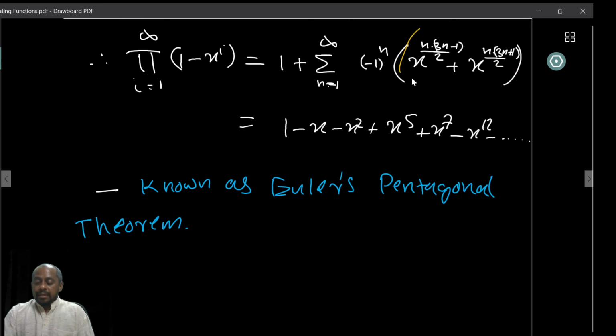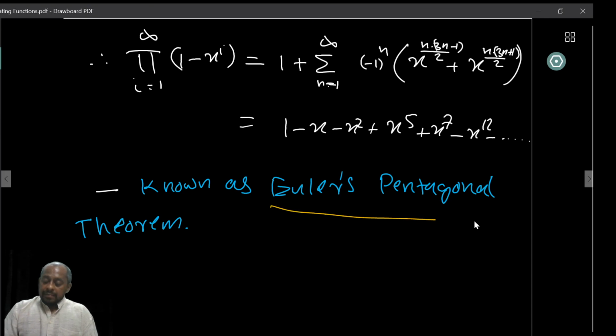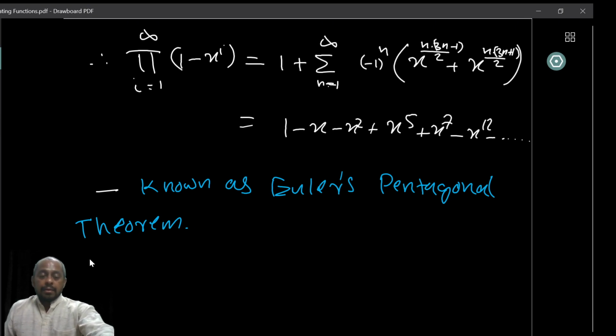And if you just look at the positive integers, this will be the pentagonal number. So this is the very well-known result of Euler's pentagonal theorem. We stop with this, and we will continue in the next class.